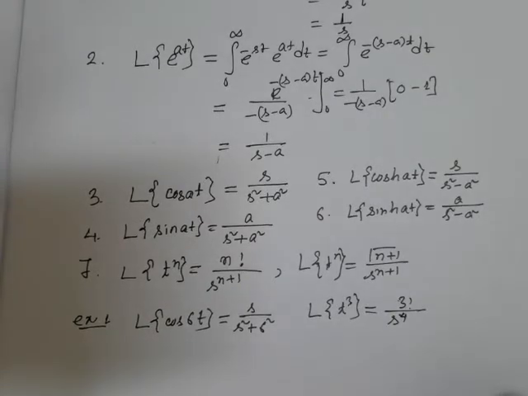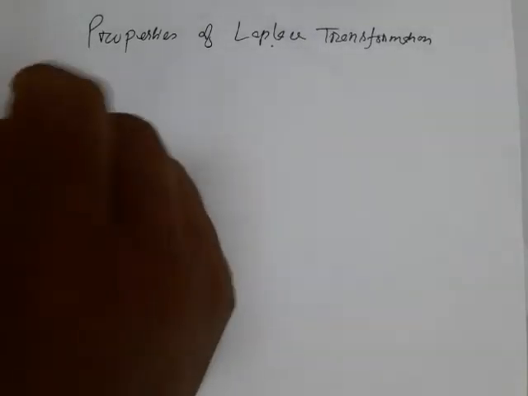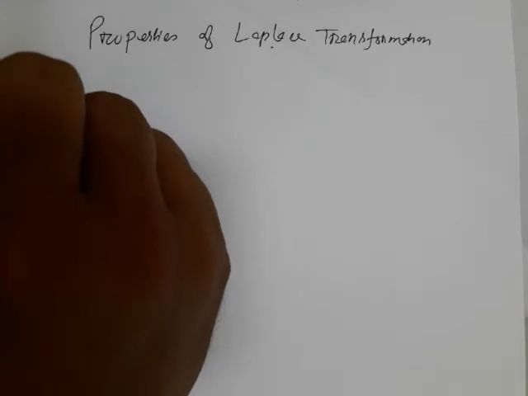Now some properties of the Laplace transformation. The first property is called the linear property.